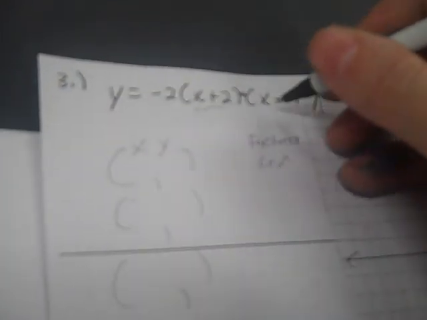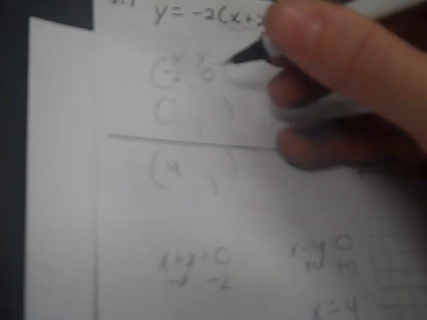I set that expression and that expression both equal to 0. Then I'm minus 2. That's negative 2. I plus 4. That's positive 4. Okay, those are your outer points, negative 2 and 4. They also happen to be the x-intercepts, so 0, 0.